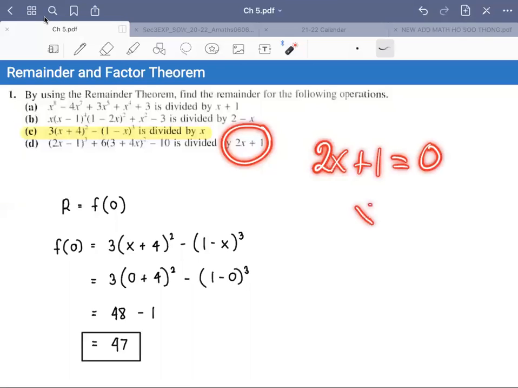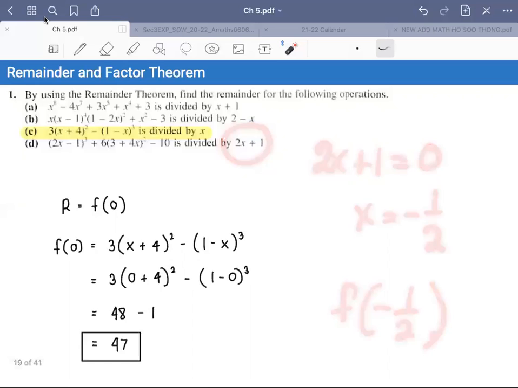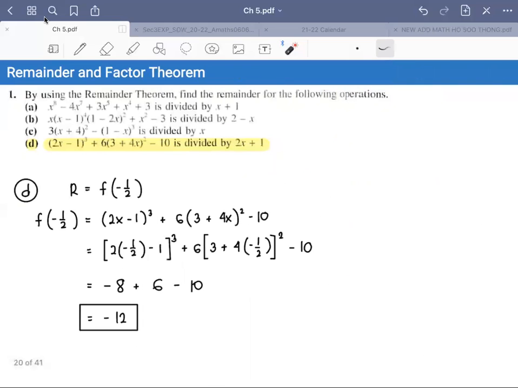So x is equal to negative 1/2, and that is my answer for letter D. Your function is negative 1/2 because of 2x plus 1. So to get the remainder of letter D, we are going to use f of negative 1/2.